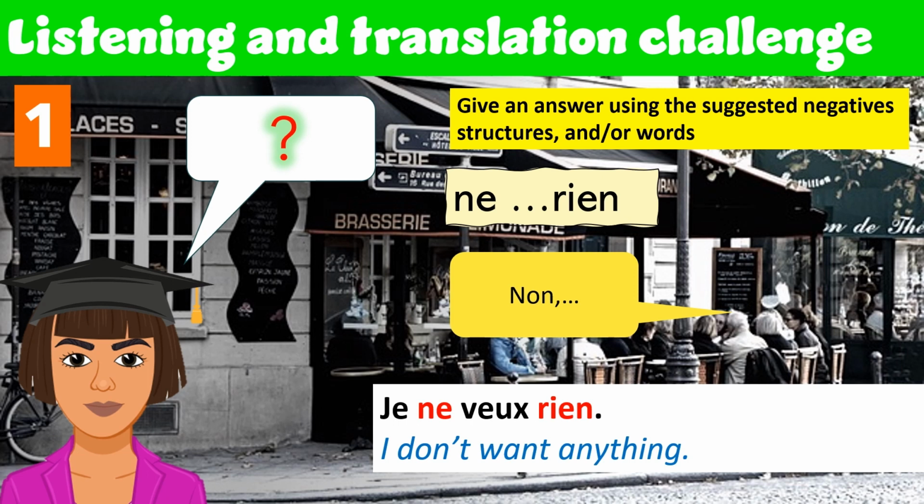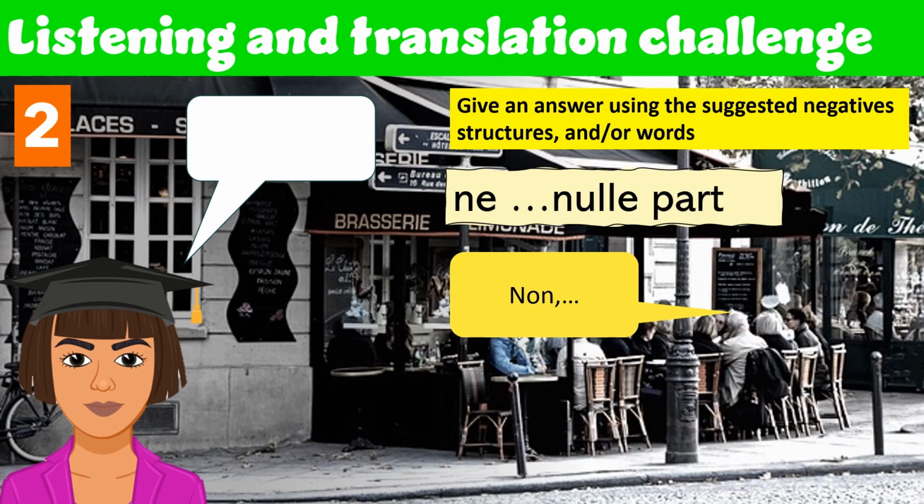So now for number two. So here's the question. Tu vas souvent en ville? Think about which verb I'm using in the question. So I'll ask the question again. Tu vas souvent en ville?